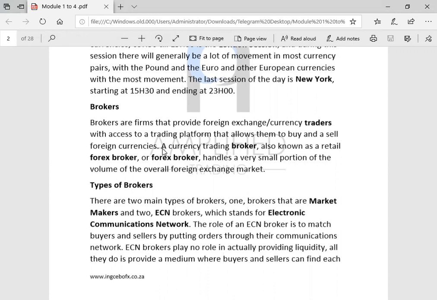But the broker pays for these platforms and to have its signage on them, and what they do is they provide access. They are the middle man or middle woman, or whatever you want to refer to them as, and they help with the execution of trades.